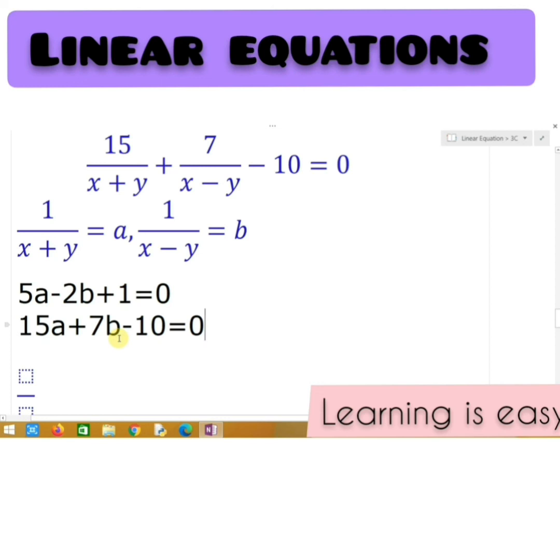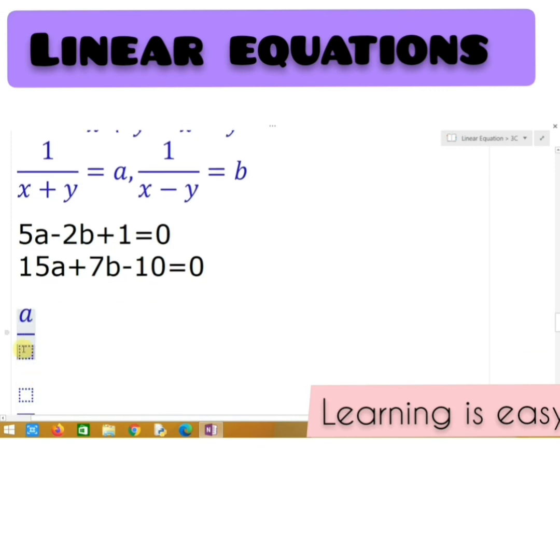So a is here the x. So a by minus 2 into minus 10 is 20, and 1 into 7 is 7. So 20 minus 7. B is very similar to y. So b by 5 into 10 is 50, and 1 into 15 is 15.